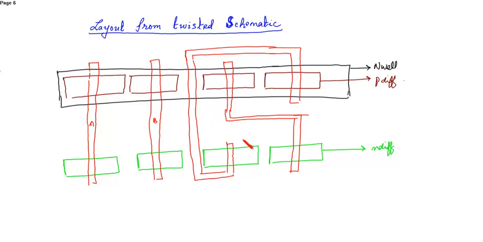Actually we cannot connect from here directly because these two will again overlap, so we have to connect from here. And this is the poly.